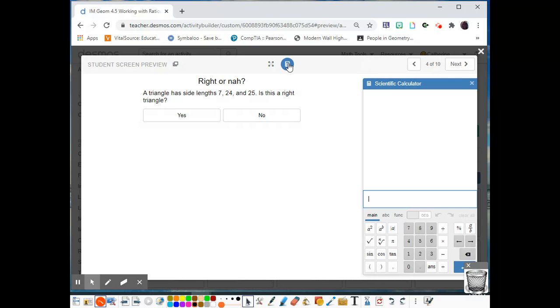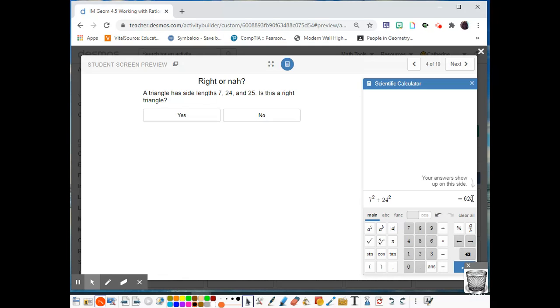So it would be 7 squared plus 24 squared. Whoops, put a 2 in front of there, 24 squared, and we see that that equals 625. But that's supposed to be 25 squared.